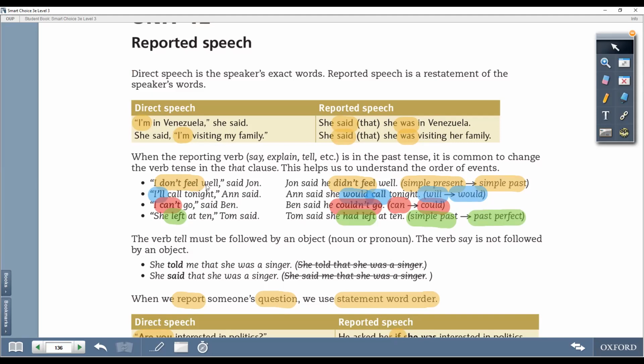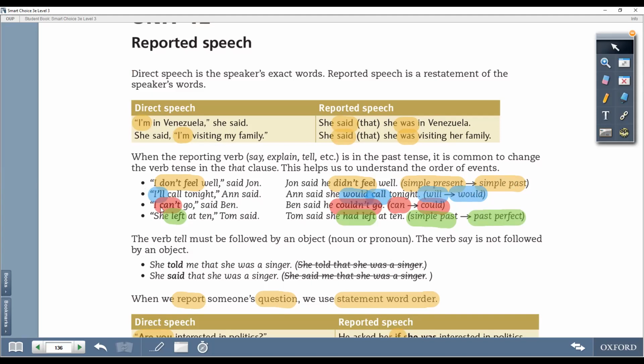Look, I don't feel well, said John. John said he didn't feel well. Okay? Simple present becomes simple past when I report. Now, next example, I'll call tonight, Anna said. So, Anne said she would call. So, simple future becomes would plus infinitive. Will becomes would.